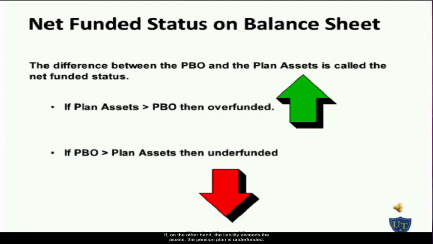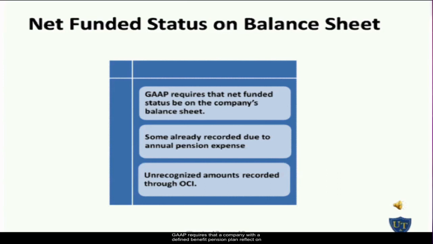If, on the other hand, the liability exceeds the assets, the pension plan is underfunded. GAAP requires that a company with a defined benefit pension plan reflect on its balance sheet the net funded status. And that requirement is the net, not the gross or the total liability or plan assets, but the difference between the two.